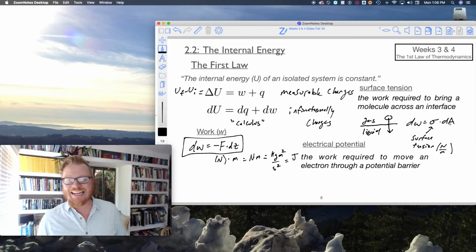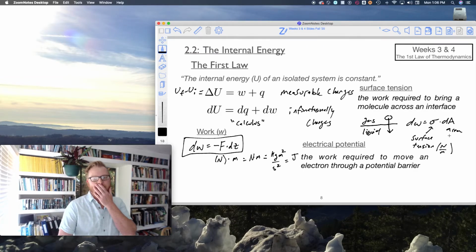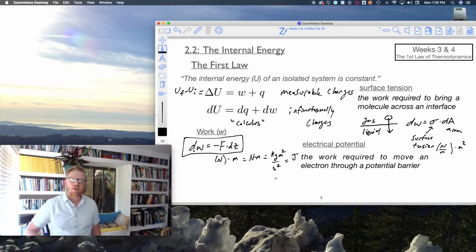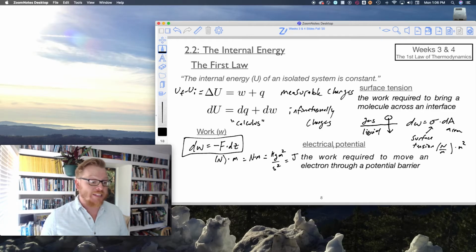And then, of course, dA would be my change in area. That's related to that definition, the resistance of a liquid to spread its area. And so we know that that is meters squared. So when you multiply that by meters squared, you get a Newton meter, and we recognize that a Newton meter is a joule.